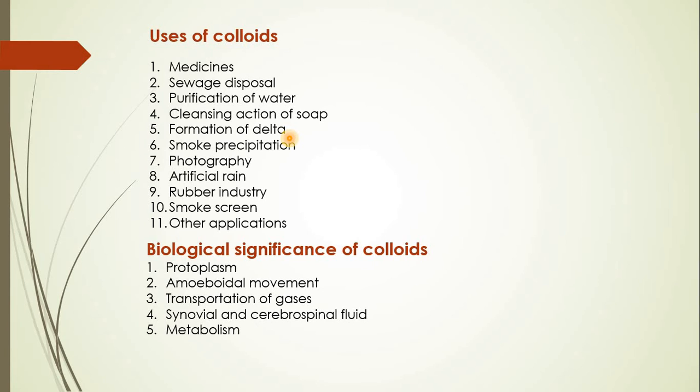Then the formation of delta. You know deltas are always seen associated with river basins which merge with the sea. Now river water contains charged colloidal particles of clay, sand and many other materials. Sea water has a very high content of a variety of dissolved electrolytes.